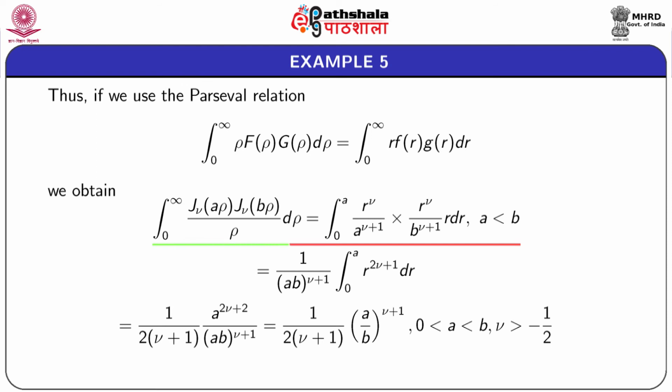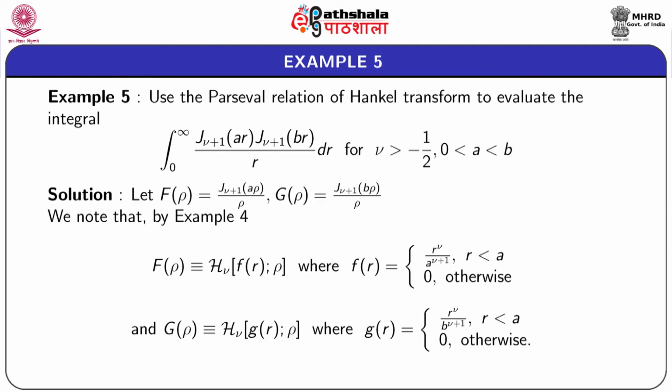This is equal to integral from 0 to a r to the power nu a to the power nu plus 1, as we have defined here. Both are defined to be non-zero for r less than a.